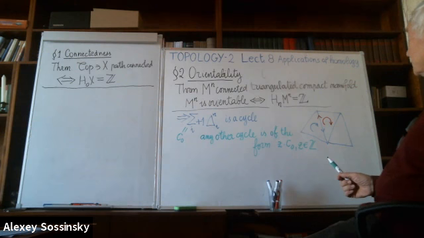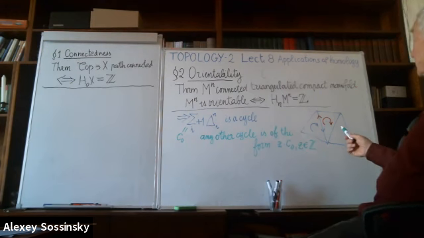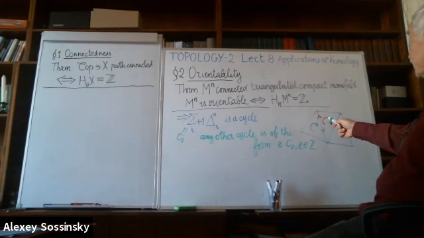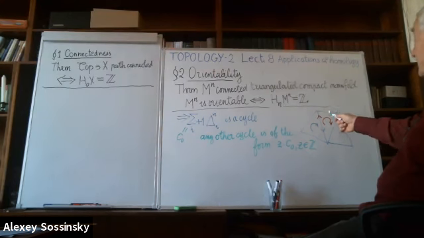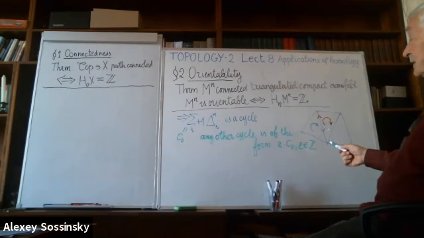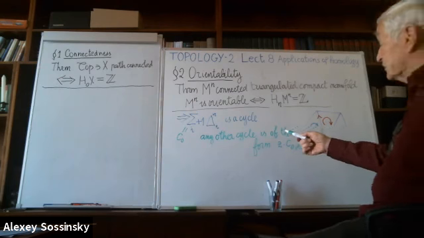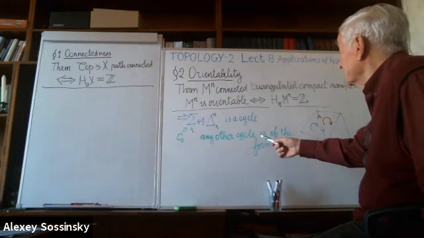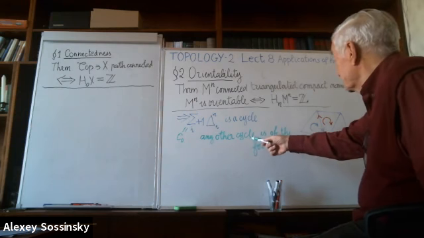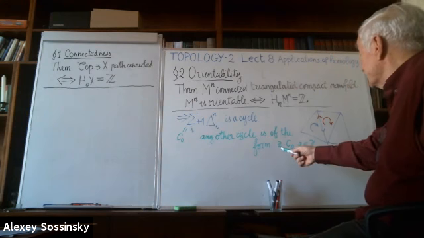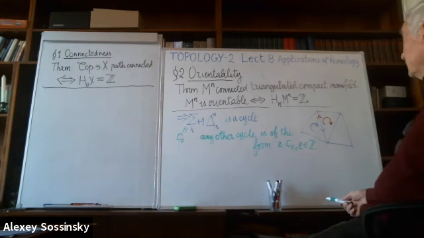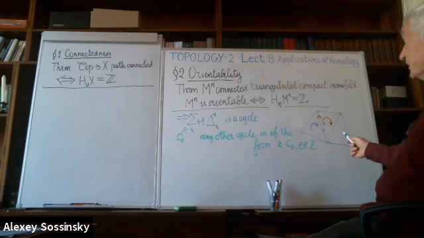Or what you can do, you can initially change the orientation of all the simplices, so that we have this condition, and then our cycle will be written differently with different signs on each of the simplices.